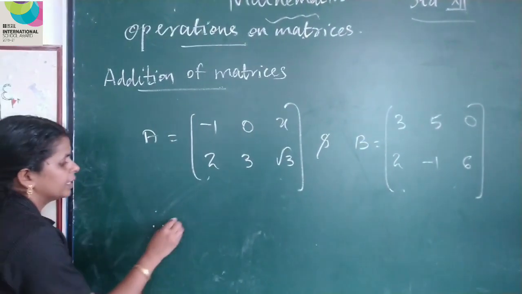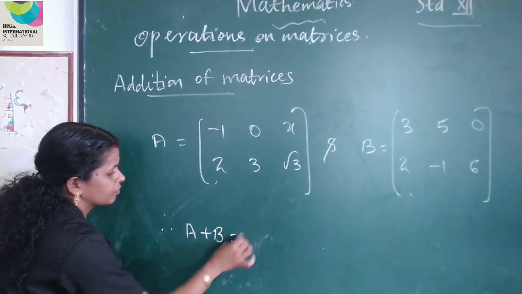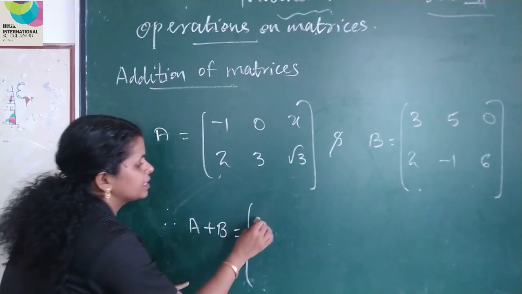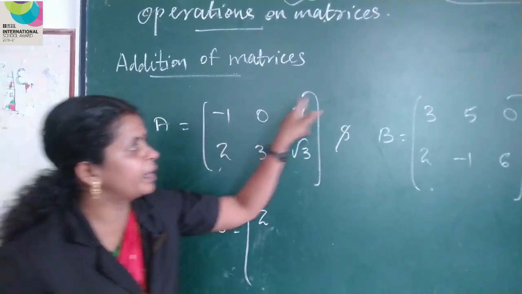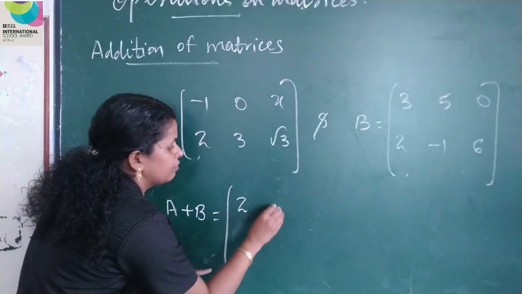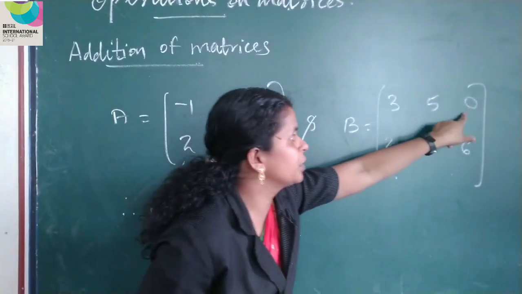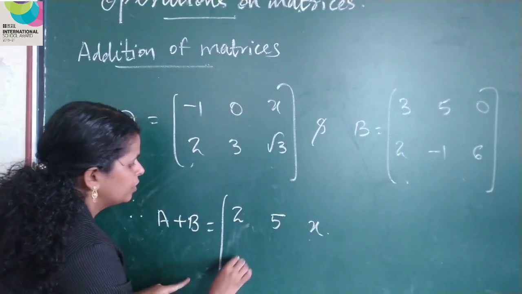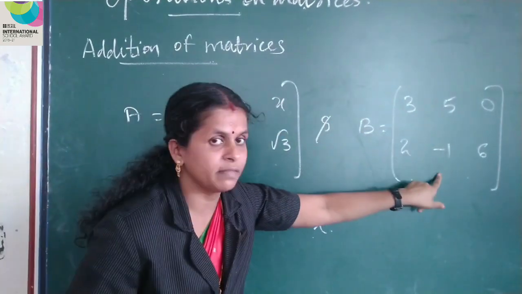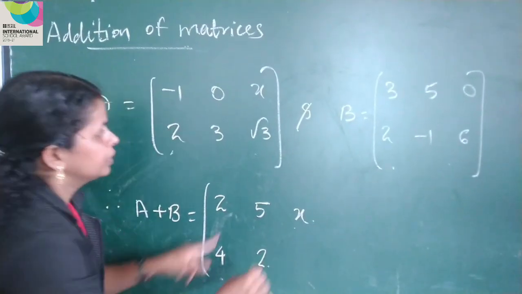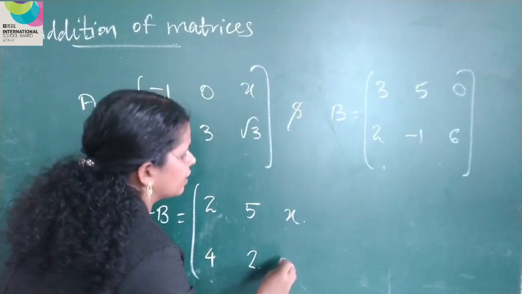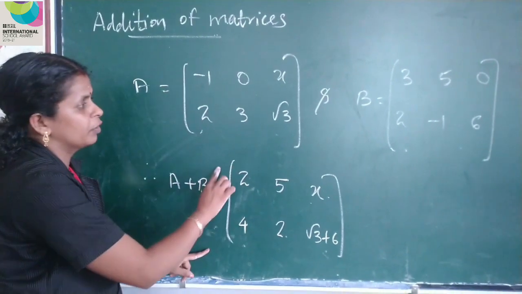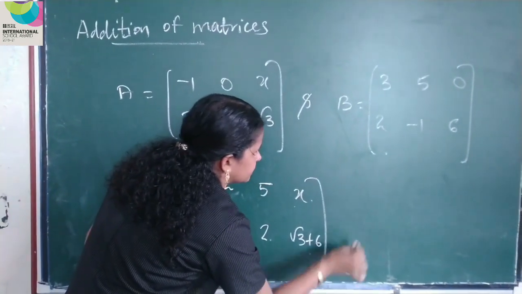Therefore, A plus B equals minus 1 plus 3 equals 2, 0 plus 5 is 5, x plus 0 is x, 2 plus 2 is 4, 3 plus minus 1 is 2, root 3 plus 6. So A plus B is a matrix of order 2 by 3.